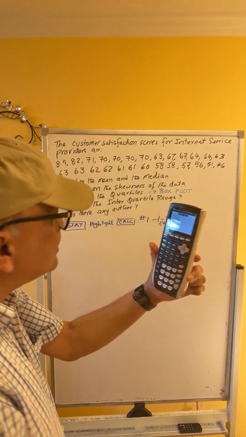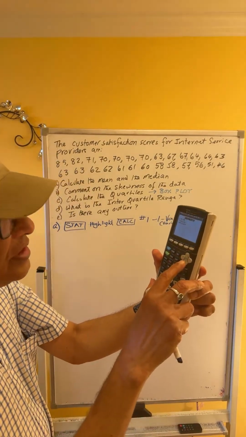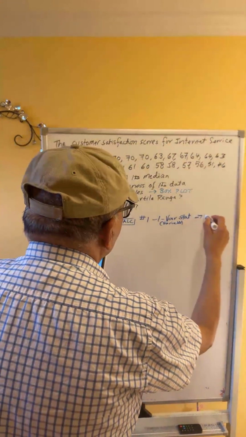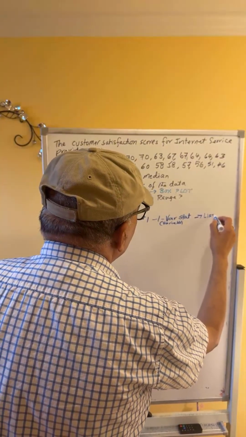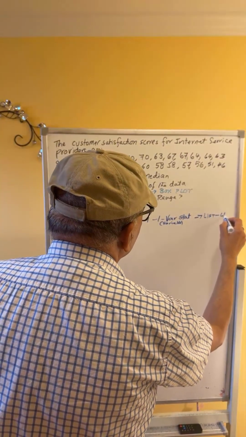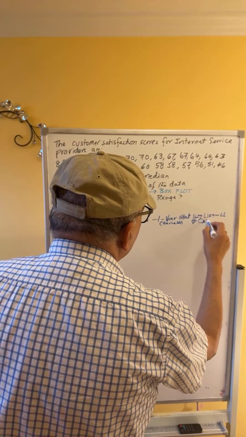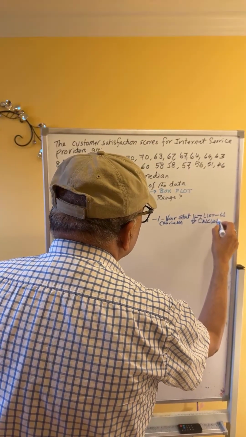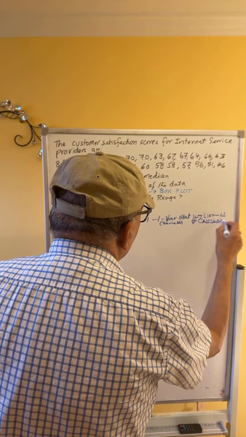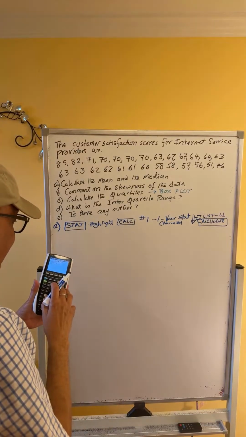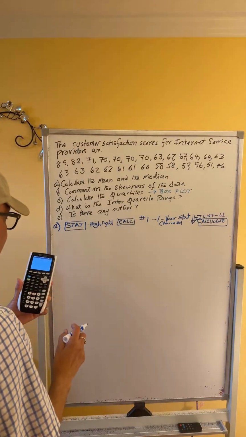My list is L1, leave it there. Go down to calculate by the down arrow key, put the cursor, the black rectangle, on calculate and hit enter.